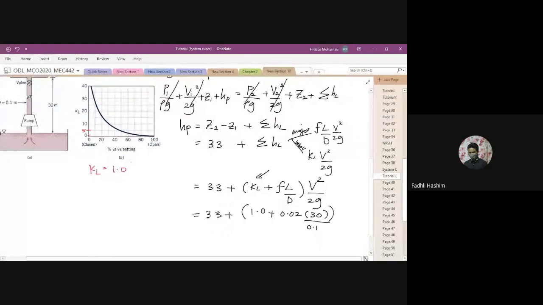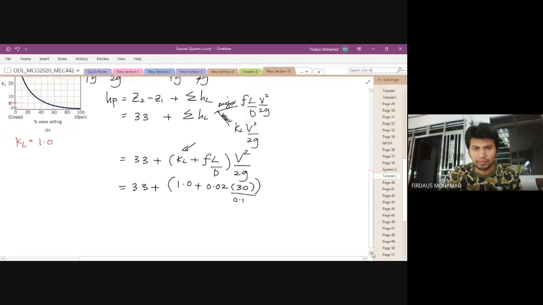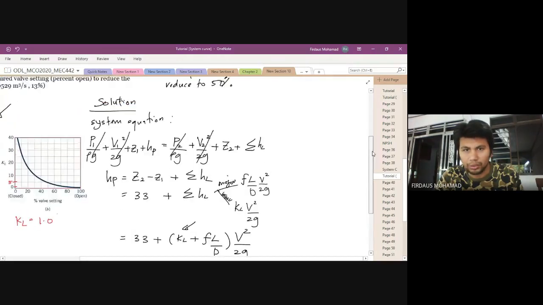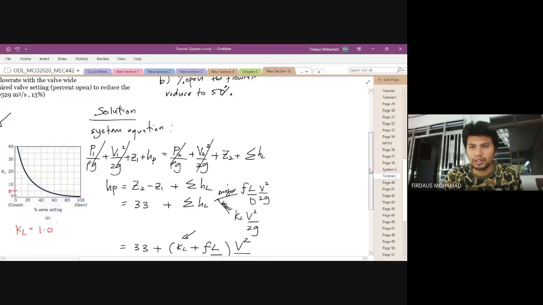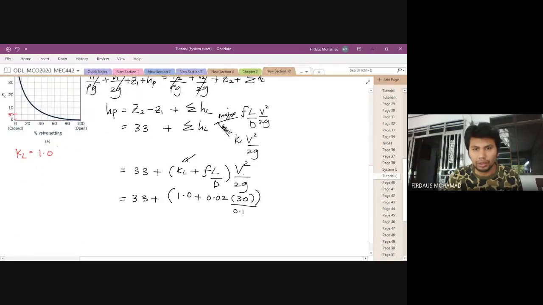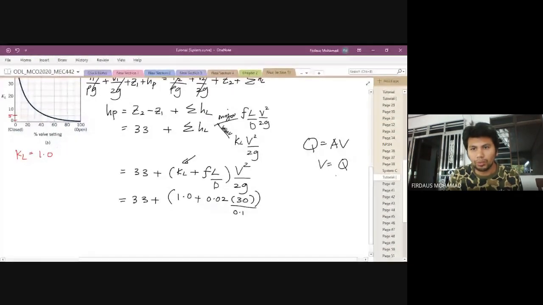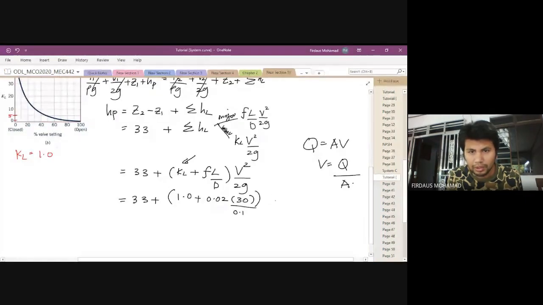Then V square over 2g. Since we want to set up the Q equation, the system equation consists of Q, so we just substitute V with Q. Q equal to AV, so V equal to Q over A. To find A, A equals pi D square over 4.